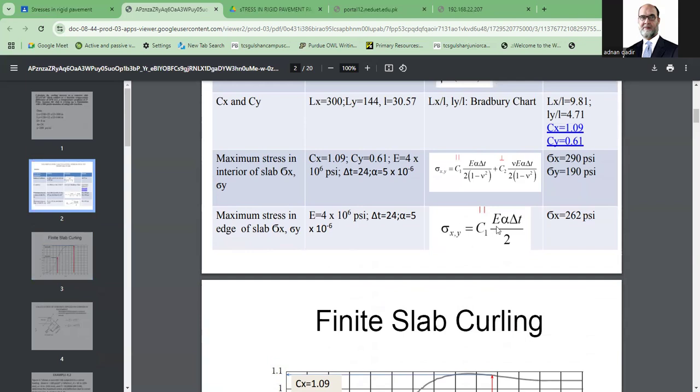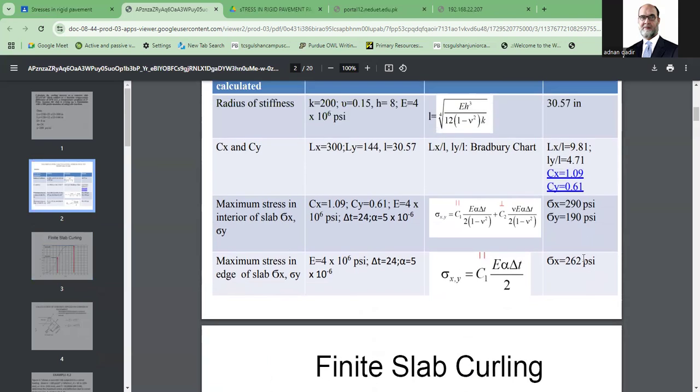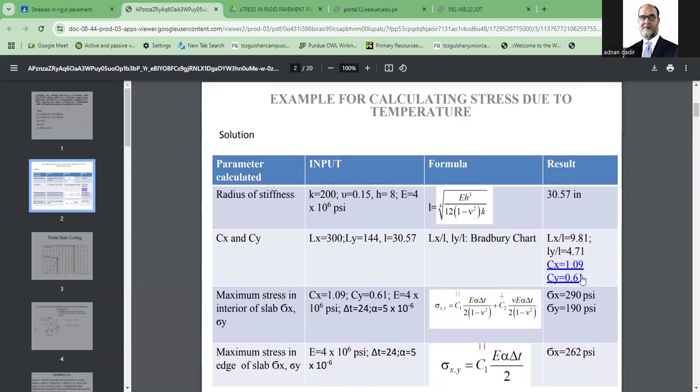We can also calculate sigma y as well, which unfortunately was not calculated. So this is a simple way of calculating the stress. Just make these 4 columns, and this will help you in analyzing the problem in a very simple manner.